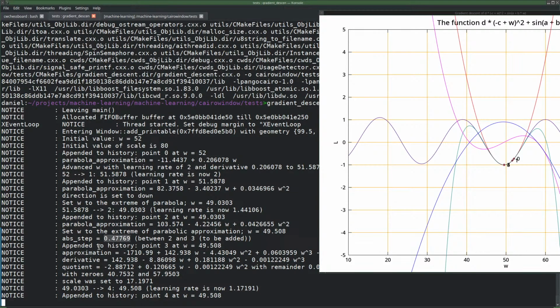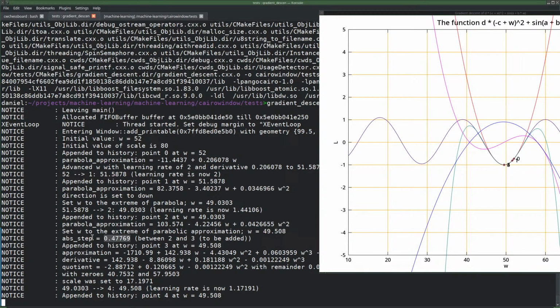Appended to history, approximation, derivative quotient with zeros 40 and 57. Scale is set to 17. 0.4 is at 49.5 because, oh no, it's a duplicate, I think.